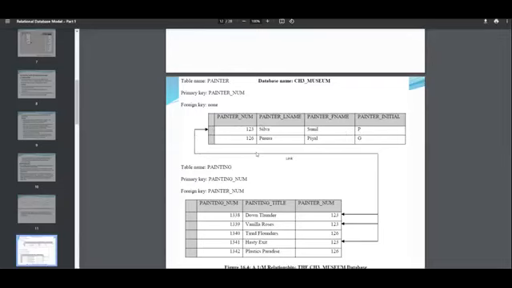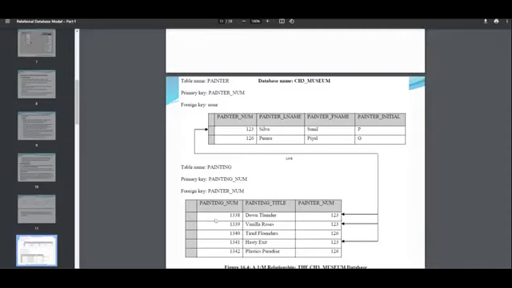So one painter can be uniquely identified using the painter number. And here, 1, 2, 3, he has been involved in drawing 3 paintings. Each painting can be uniquely identified by using the painting number.